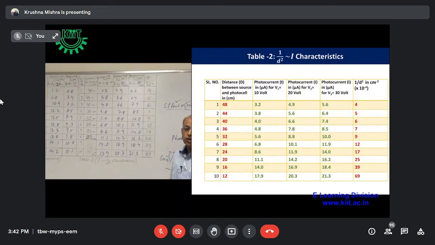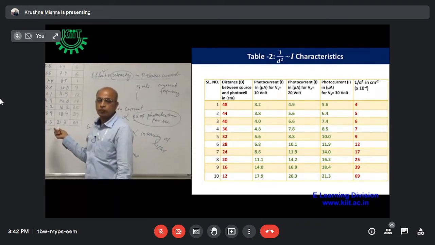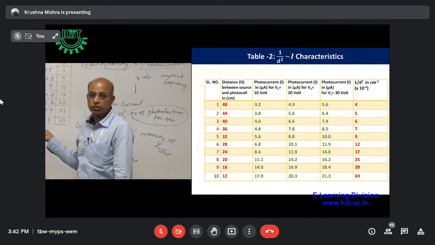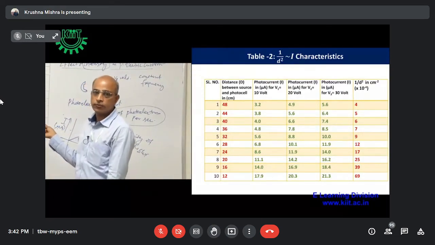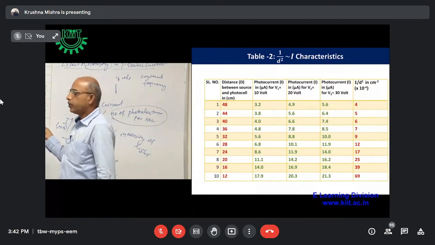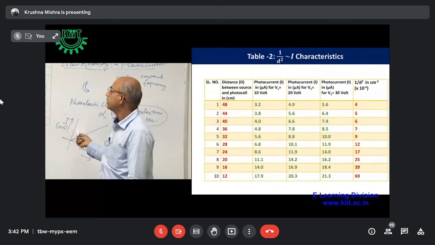We know that photoelectric current is directly proportional to the number of electrons emitted by the cathode, the photosensitive metal, and this number of photoelectrons is directly proportional to the intensity of light.